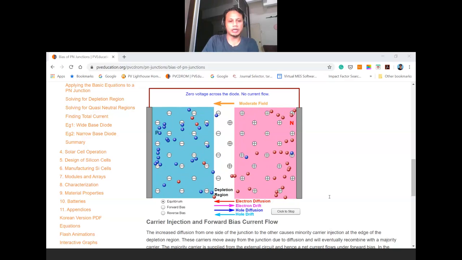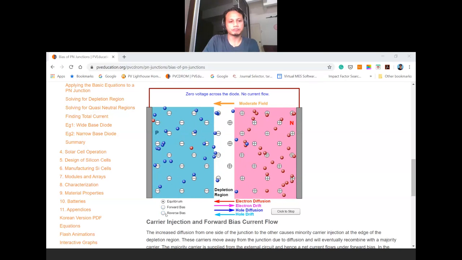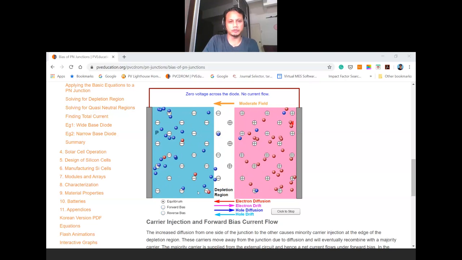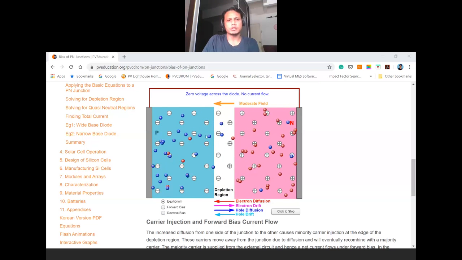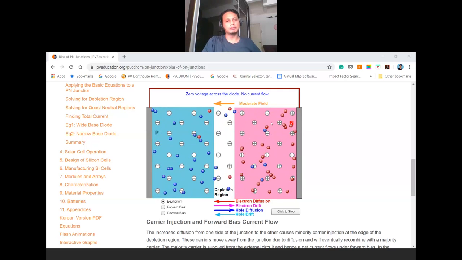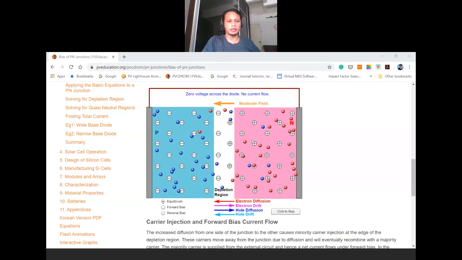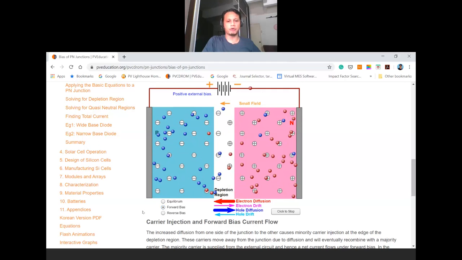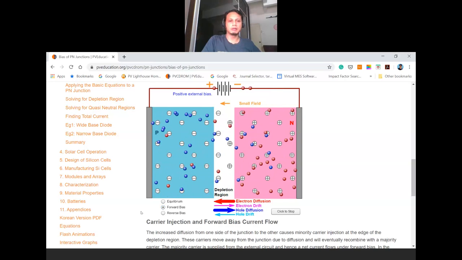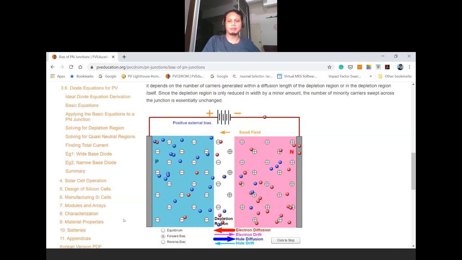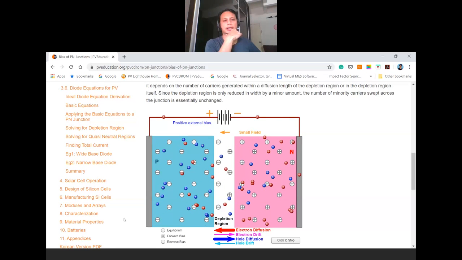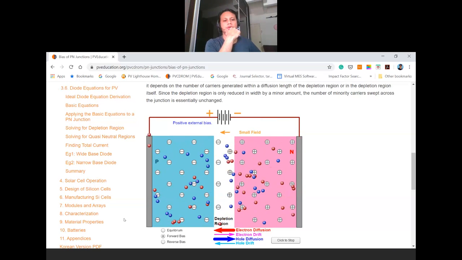So let's now look at the animation of forward bias. In this thermal equilibrium, before we move on to forward bias, there's zero voltage across the diode. There's no current flow due to this phenomenon, right? Now let's look at forward bias. Any difference do you see now? We are now applying forward bias.